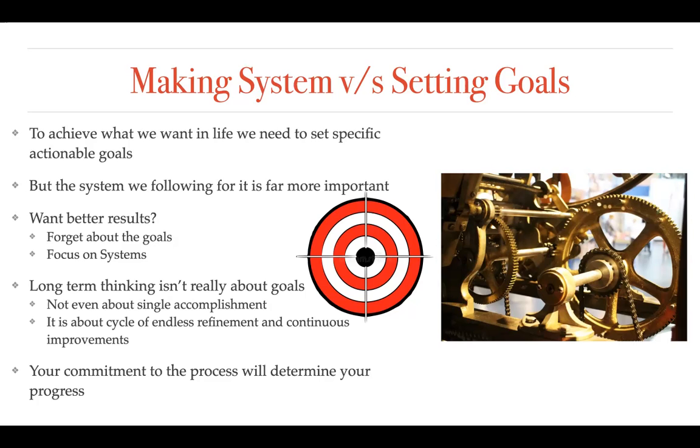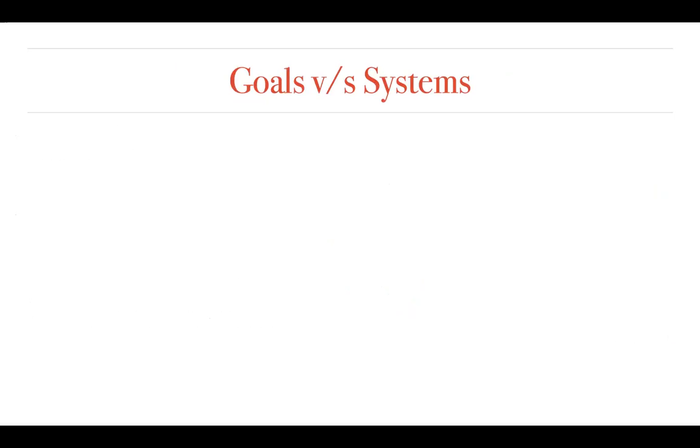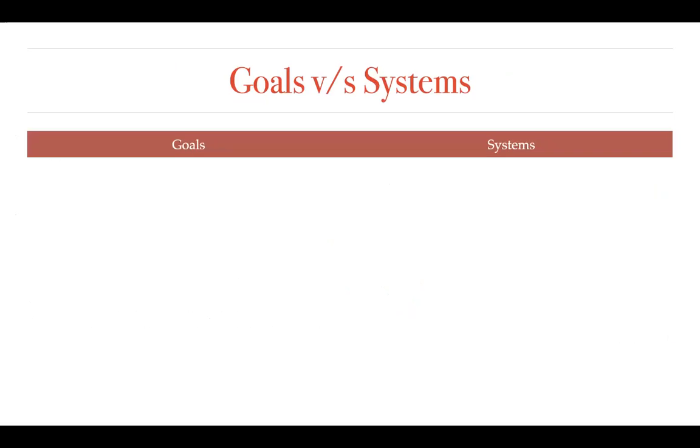So long-term thinking is about the cycle of endless refinement and continuous improvement. You just focus on improving yourself over time. You're more worried about your improvement rather than the goals that you will eventually achieve. So here I make a difference between goals and systems.